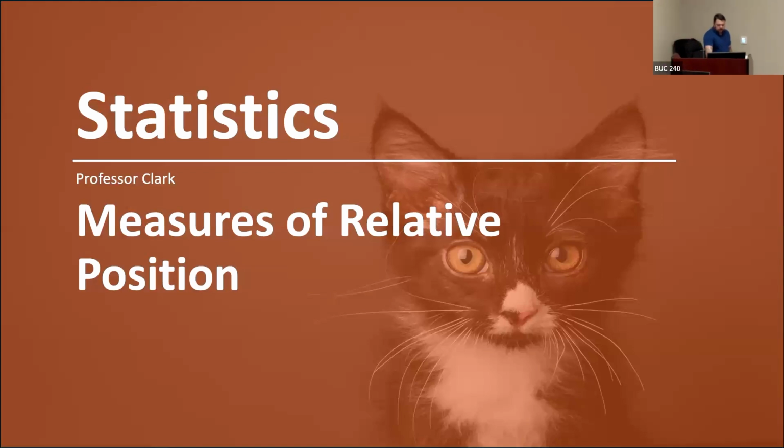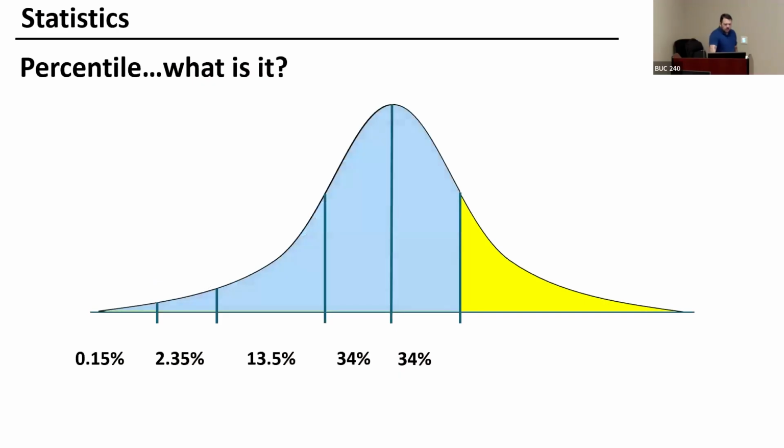But now we have measures of dispersion. So we're going to learn about percentiles first. I'm going with 1 standard deviation, and I'm not trying to trick you on this one. This is obviously the mean right here, and this is obviously 1 standard deviation plus or minus.